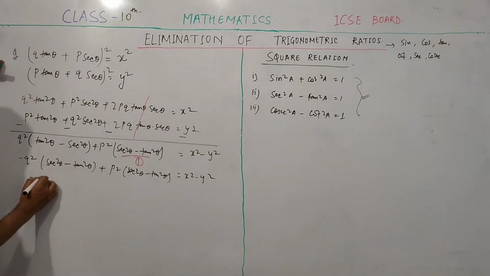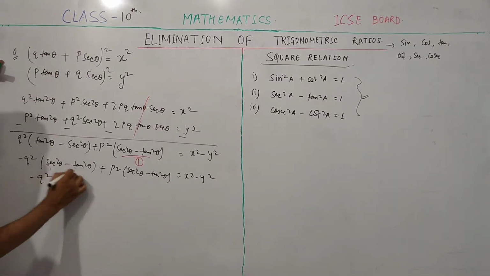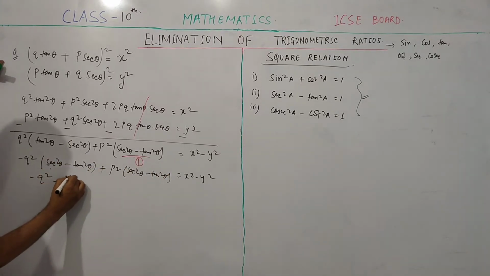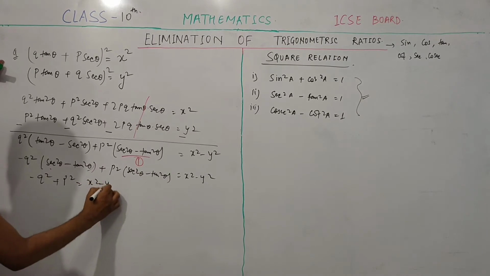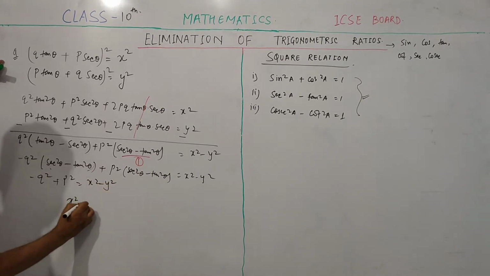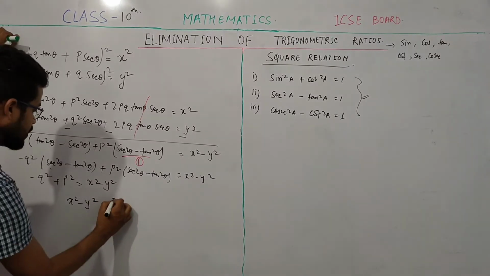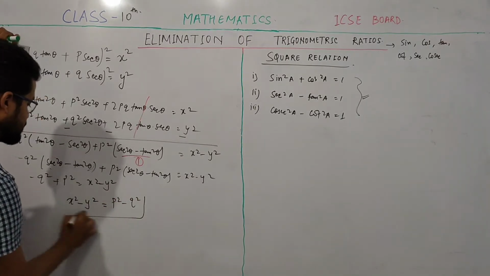Now this is minus q square. This whole term is 1 and this whole term is 1. So plus p square is equal to x square minus y square, or we can say that x square minus y square is equal to p square minus q square.